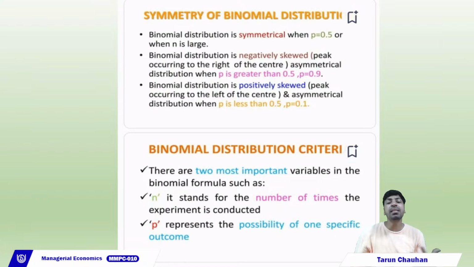So P stands for the probability of one specific outcome from a finite number of trials. These are the two main variables which will be used in the binomial formula.